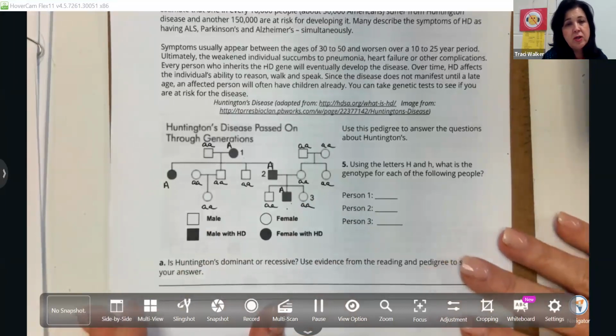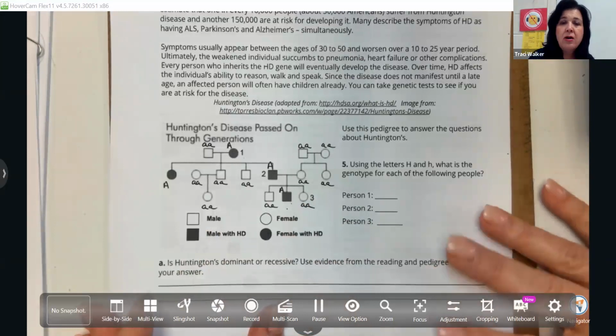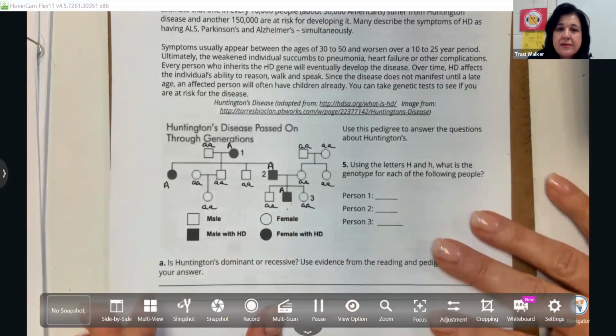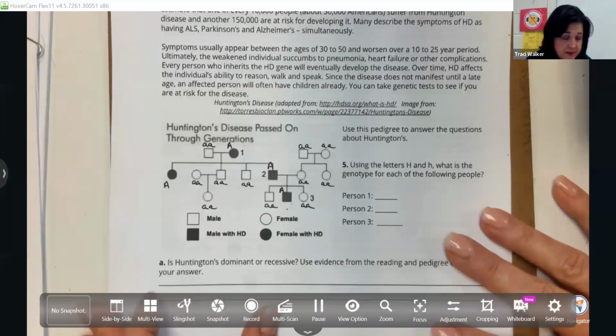So now we look at all of the big A's and we try to figure out who our carriers are. Even though carriers will have Huntington's disease, there's a 50% chance that their children will not have it, because they might give them that recessive gene that does not have the disease.